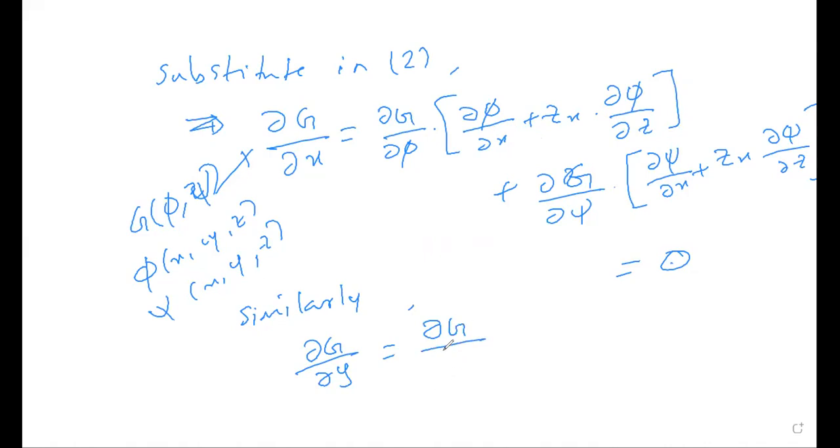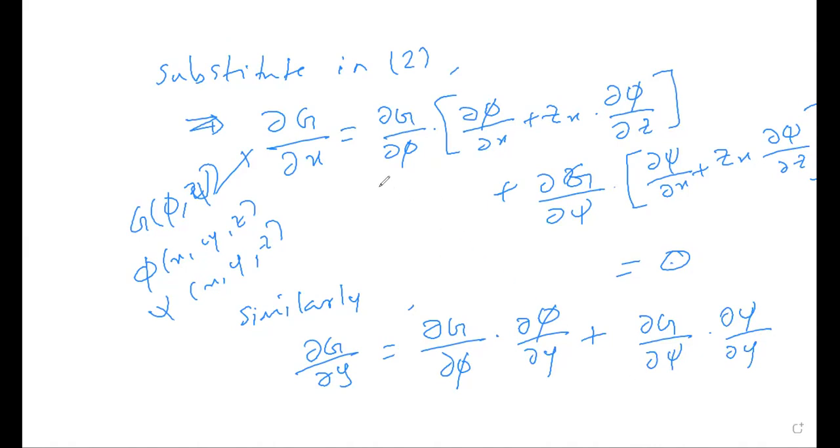So ∂g over ∂phi times ∂phi over ∂y plus ∂g over ∂chi times ∂chi over ∂y, okay?